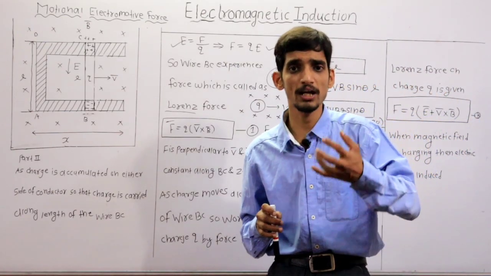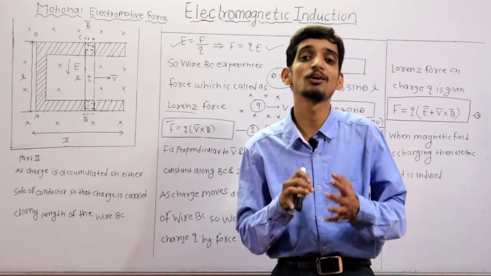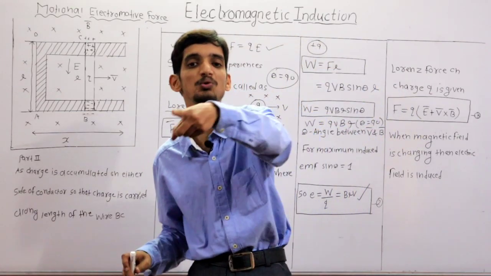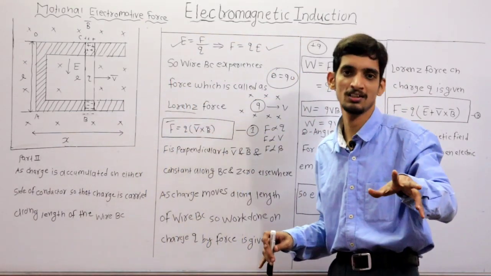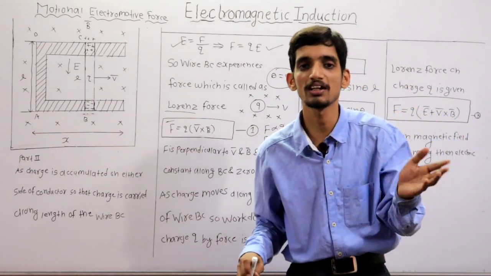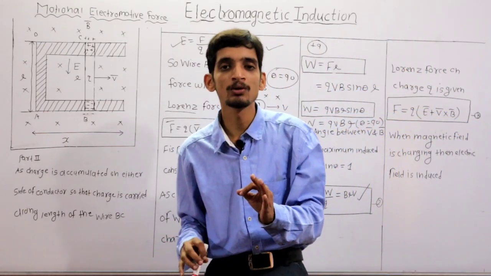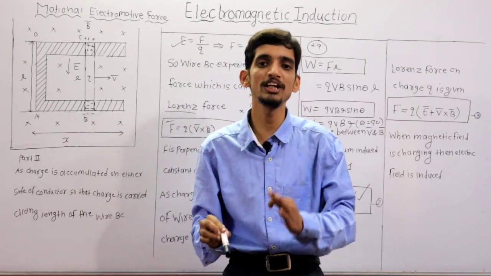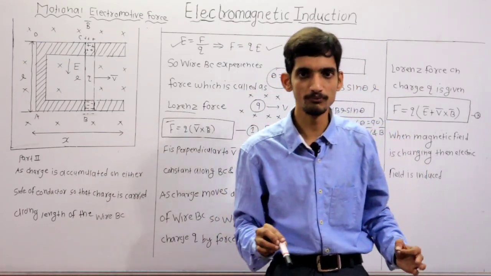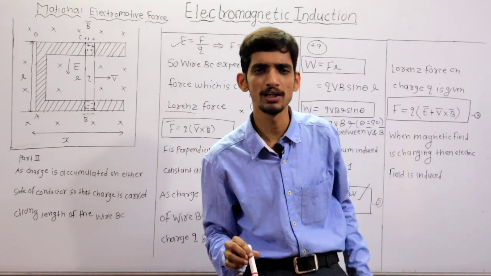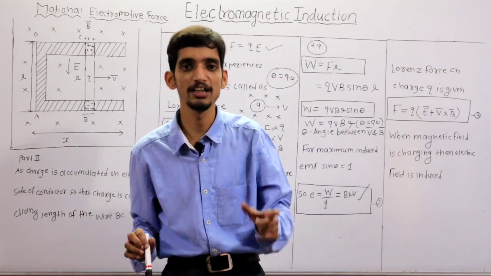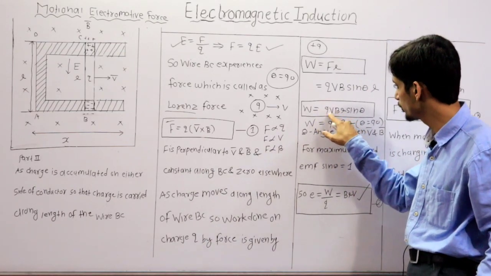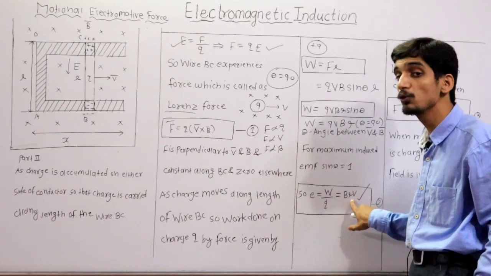Once we have calculated force, we calculated the work done on that charge. The work done on that charge is equal to force into displacement, but force was QVB and displacement was L, that's why work is equal to QVBL. Now we recall the definition of EMF, electromotive force. Work done on a unit positive charge to circulate it around a closed loop is called EMF, and that is W by Q. So from this equation, whenever I take W by Q, I get E is equal to BLV.